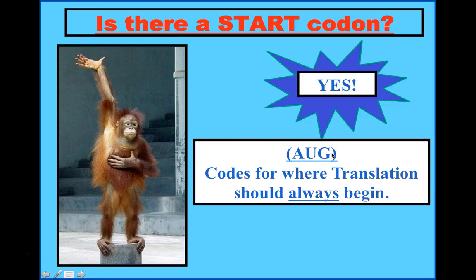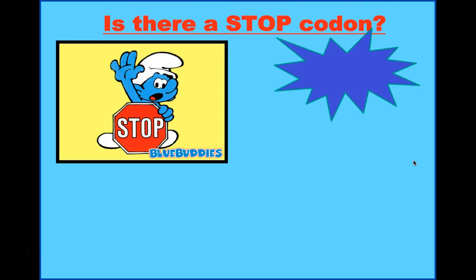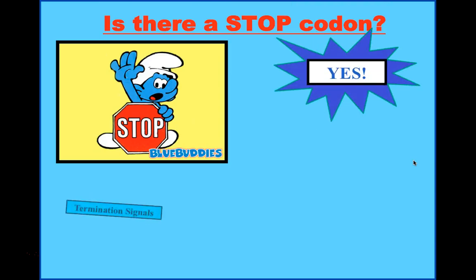So the ribosome will not start coding and it will not start making proteins until it sees the code AUG. Anything from that point on will be read. There will be an amino acid that's created, and they will continue to link up until you see a stop codon.